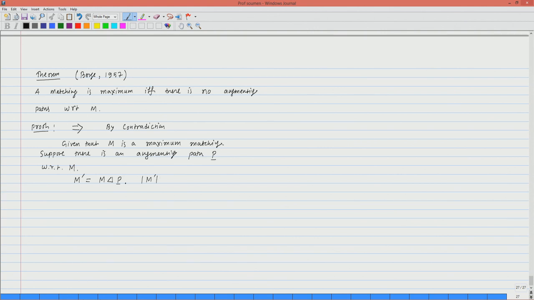So, the size of the matching M prime is equal to size of the matching M plus 1, right.